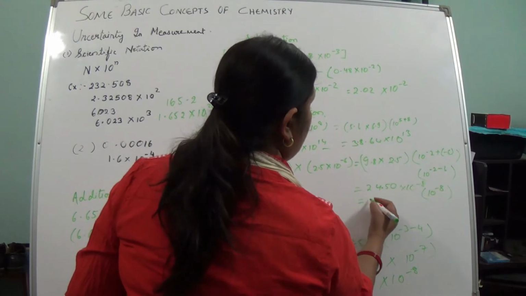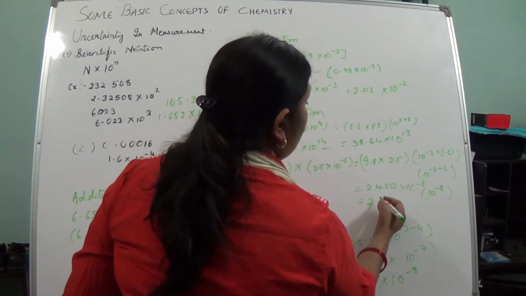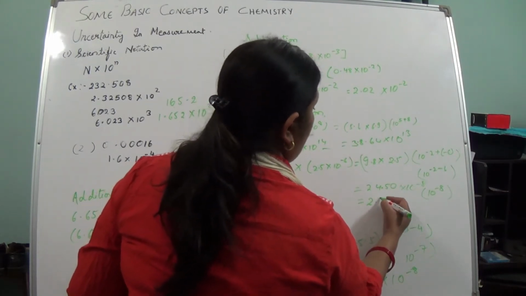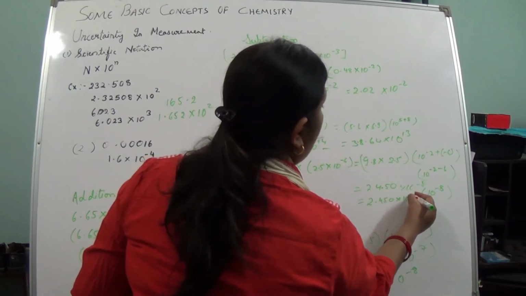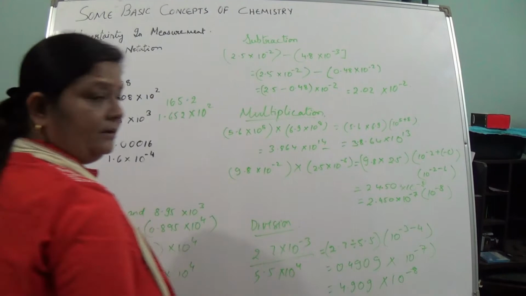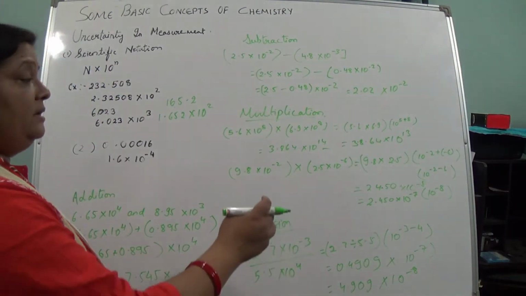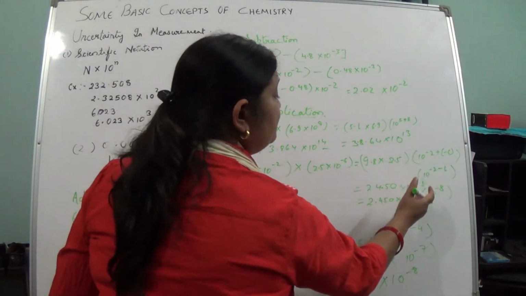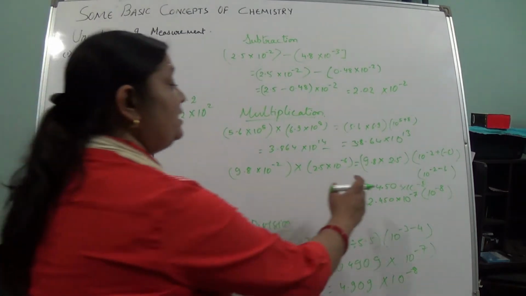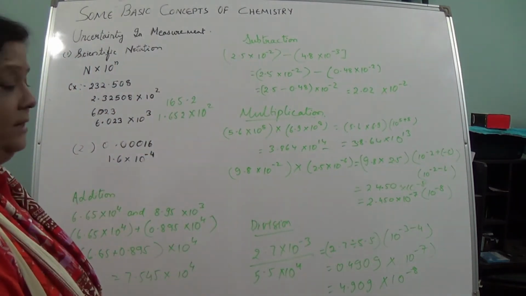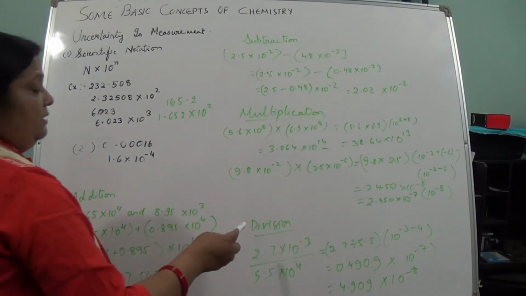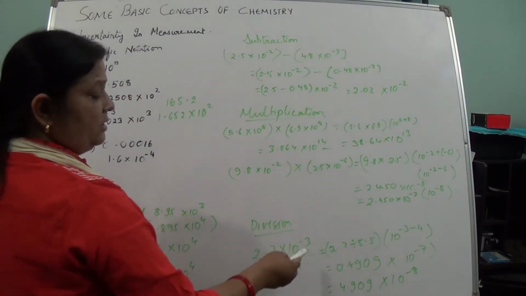Or if we want, we can write 2.450 into 10 to the power minus 7. Here it is in negative sign, so you have to remember that it will be decreasing if we take it to the right hand side. Now, division. Simple division is out there.